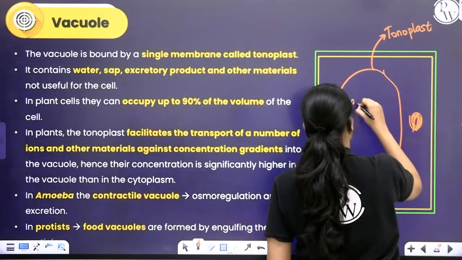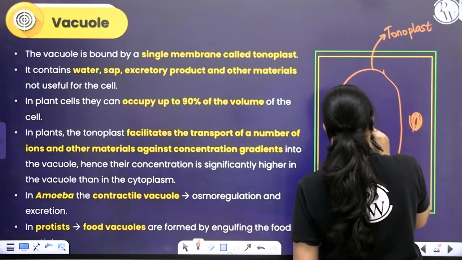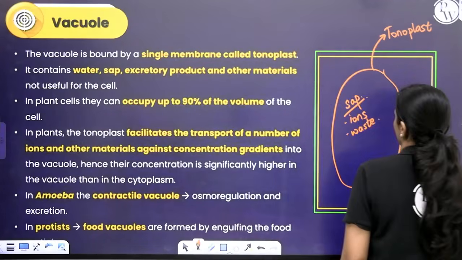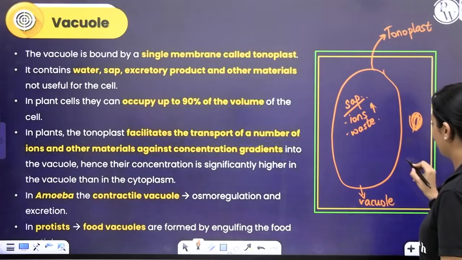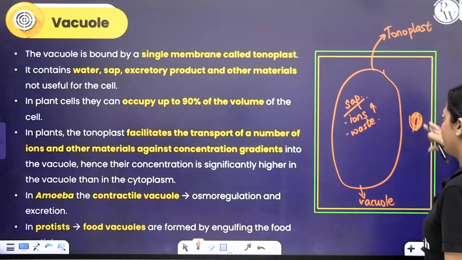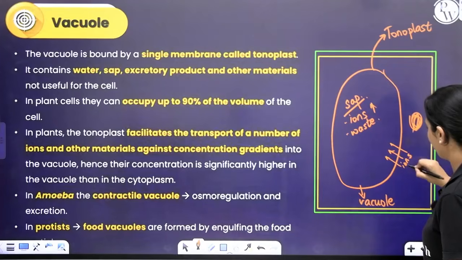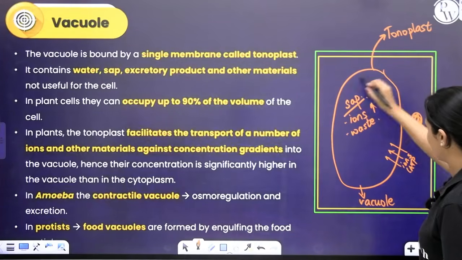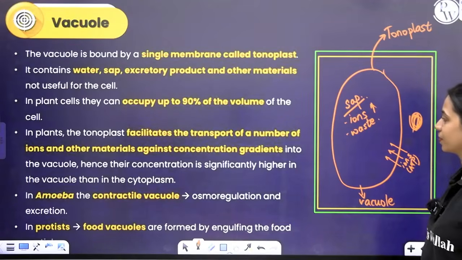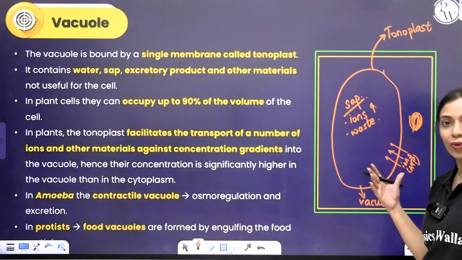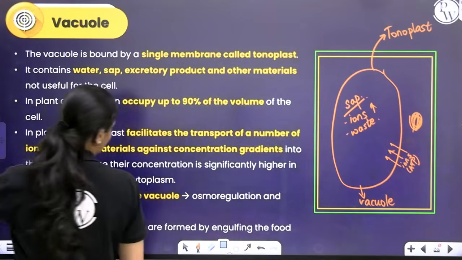Within the vacuole, you have sap, which contains a lot of ions and waste material. Generally, the concentration of ions in the sap is much higher because from the cytoplasm also, ions will be pumped inside, making use of energy. That is the reason why even within the vacuole, the sap ion concentration is high. In plant cells, the vacuole can occupy as much as 90% of the volume in the cell.